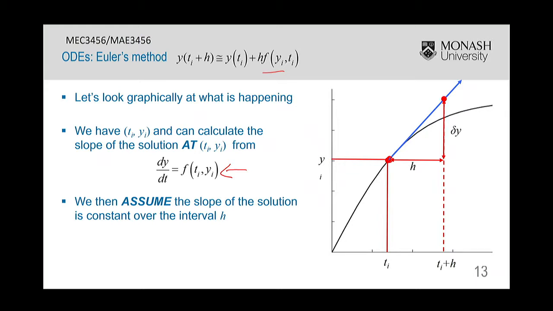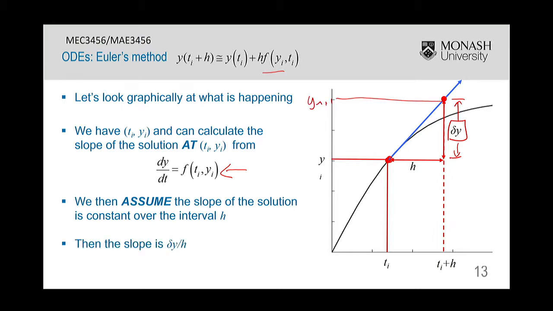So what we're now trying to do is find how much our solution gets bigger as we move across this interval h, and that number is given by this value here, delta y. So we need to calculate how big this increment is in the y direction. That will then give us our estimate for yi+1.